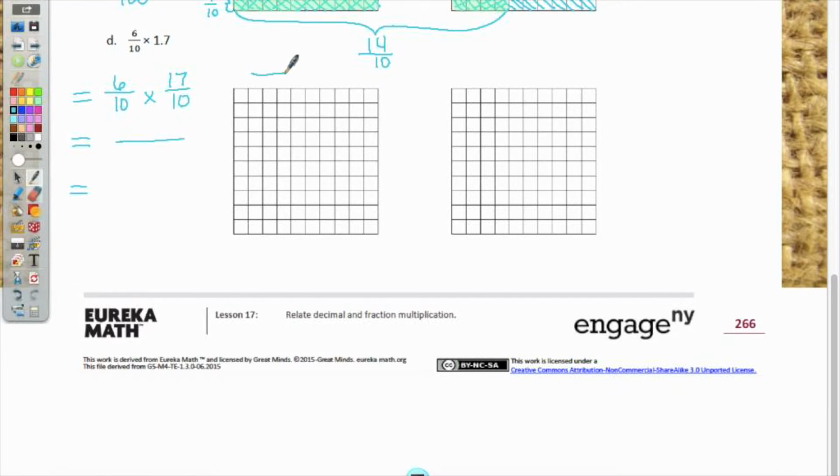And then don't forget to write your standard form above the drawings. Might have to do a little bit of standard algorithm to figure out 6 times 17.